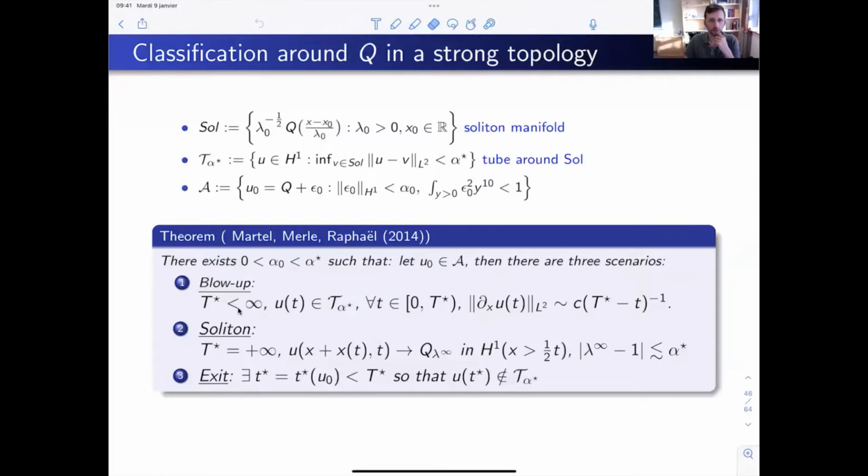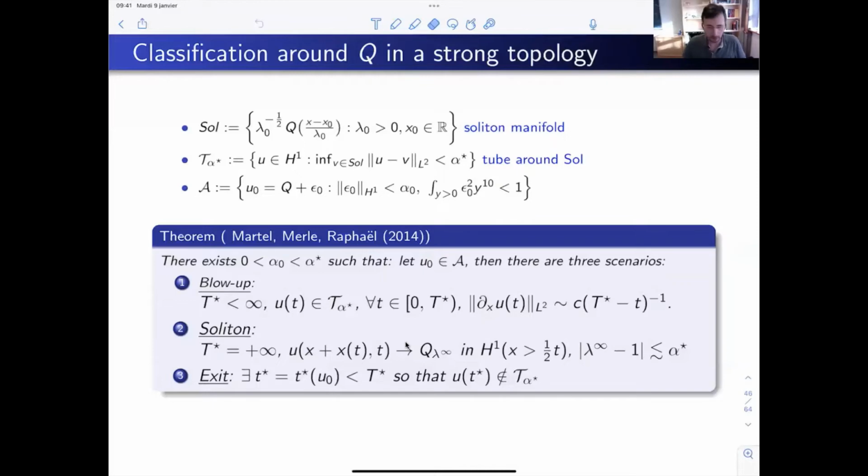Either you blow up in finite time, and then the blowup rate is 1 over (t star minus t) to the -1. Or you behave like a solitary wave, so you converge strongly in H1, not in all of H1 but a large part of H1, to a solitary wave.